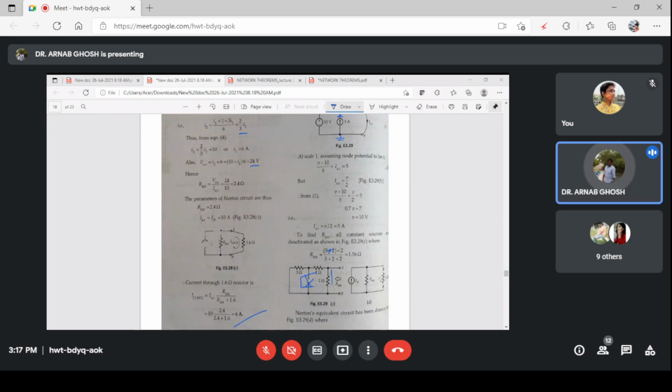Okay, Norton's theorem, application of Norton's theorem, is this okay for everybody? Then we will do a problem using Thevenin's theorem for dependent sources. Same thing, you have to redraw the circuit based on VOC.